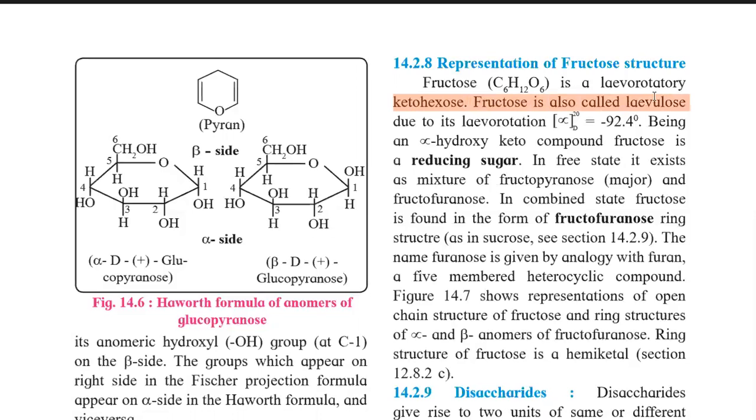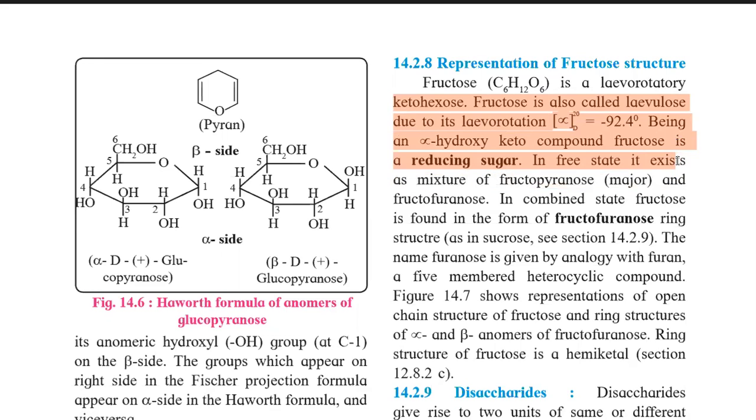Fructose is also called levulose because of this levo rotation. This rotation, alpha D20, is minus 92.4 degrees. Being an alpha hydroxy keto compound, fructose is a reducing sugar, due to this ketonic group.